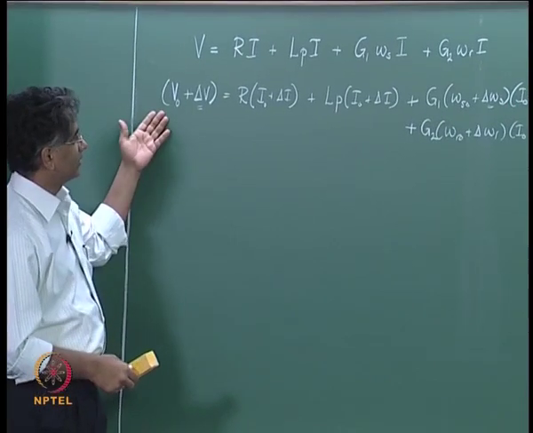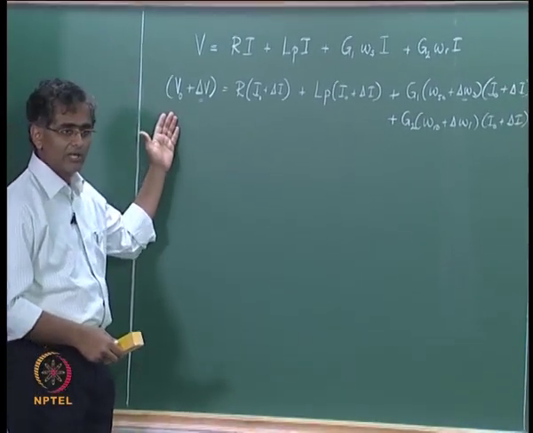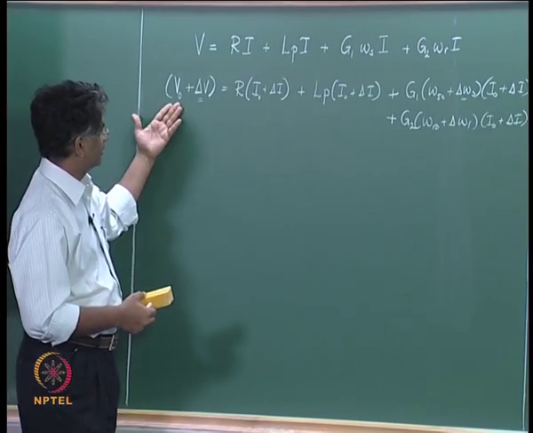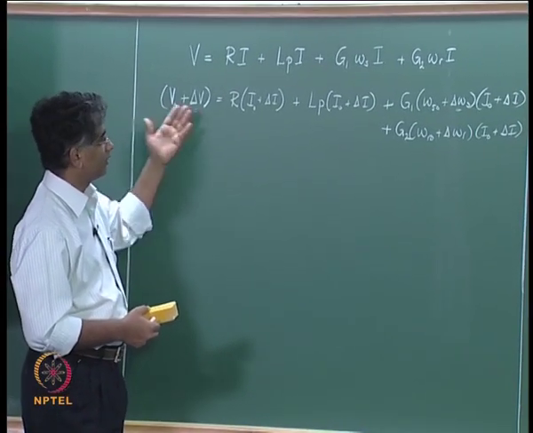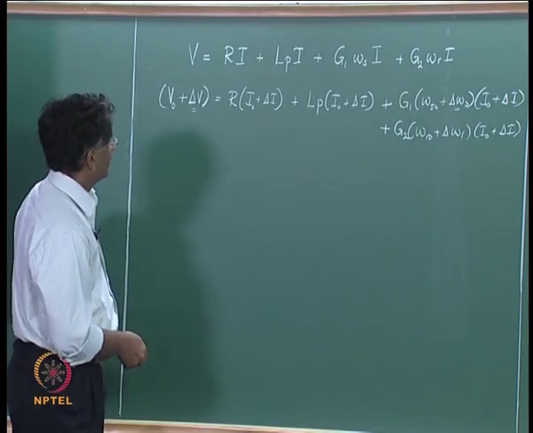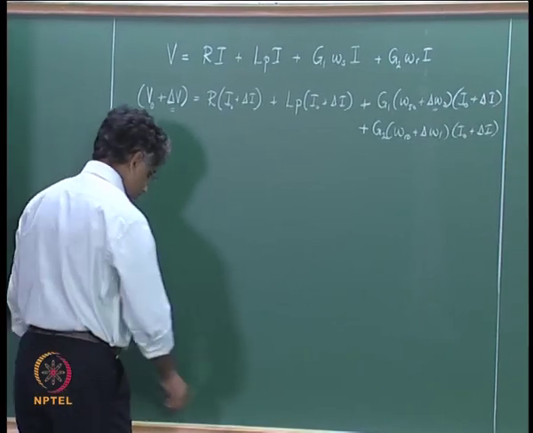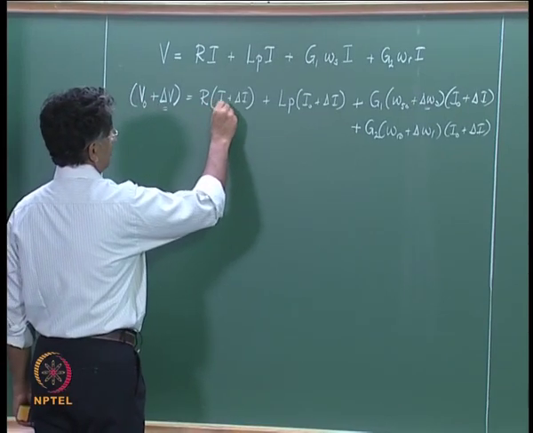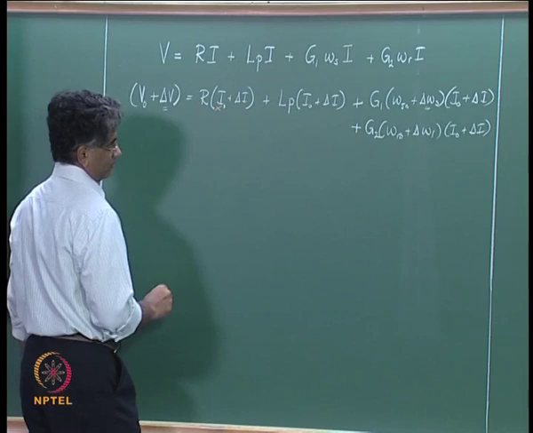This equation consists of both steady state terms and the disturbances. The steady state terms must by themselves be equal on the left hand and the right hand side, and therefore one can remove the effect of the steady state terms. This R I naught can be removed.